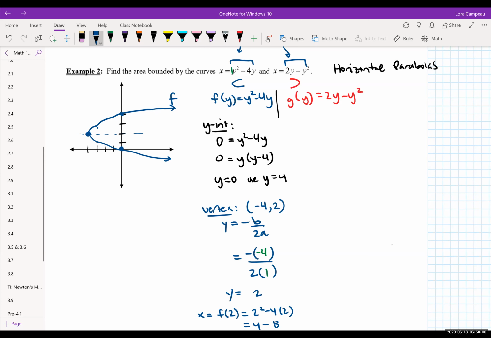And we could do the same thing for g. What happens? You want to find your y-intercept? Go for it. So just the same thing. If you want to find your y-intercept, it's the value where x is 0, or g of y is 0. So we do a little bit of math. Looks like we can factor out a y to get 2 minus y.